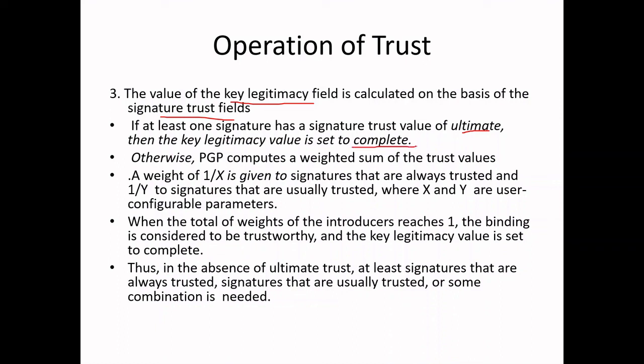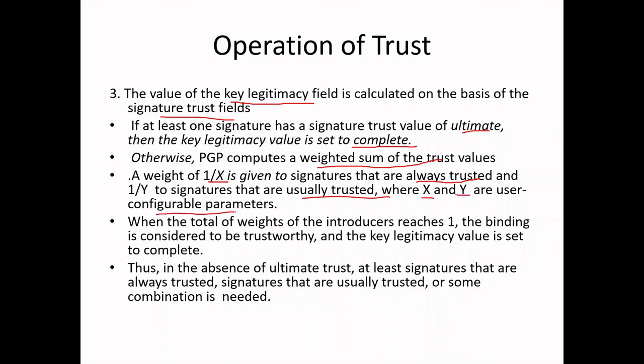The trust is complete. Otherwise, PGP computes a weighted sum of the trust values of the signatures. A weight of 1/x is given to signatures that are always trusted, which is one level of trust, and 1/y to signatures that are usually trusted. So you're giving a weight to the values of always trusted and usually trusted. Others are not considered, and x and y are user configurable parameters.